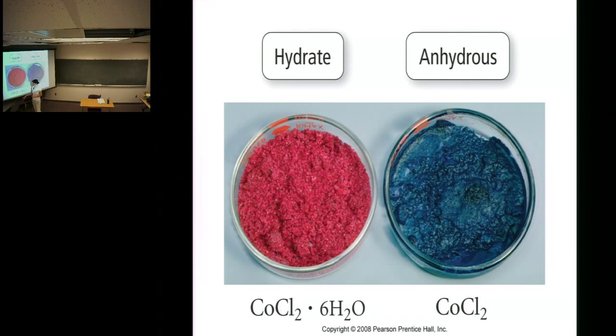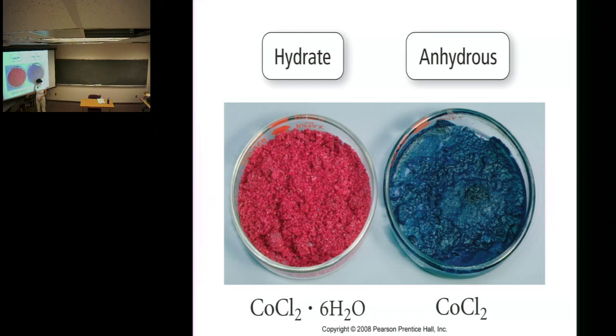So how do we name that? Well, this is an ionic compound, so we use ionic compound naming rules. So that's cobalt(II) chloride, just like we normally do. And then what do we do about this hydrate part? Well, we're going to use a prefix, and hydrate's kind of a molecular compound, so we're combining the two. So it's cobalt(II) chloride, and then what's 6? Hexa, and we say hexahydrate.